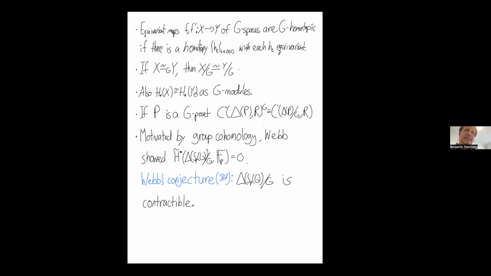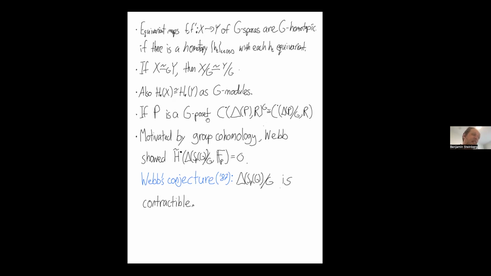It also implies that the homologies are isomorphic as modules over the group. It's even stronger. It implies that the chain complexes are chain homotopy equivalent as G-modules. So it's stronger than just saying that the homologies are isomorphic.